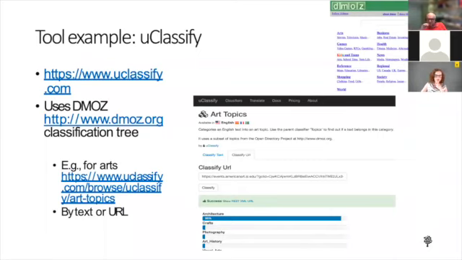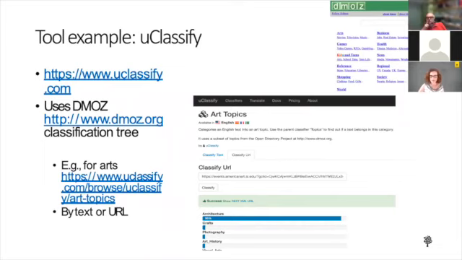To finalize this background overview, just a few examples of the tools that are freely available. uclassify.com is the address, it uses DMOZ, what used to be a directory of websites, and the classification they used is called the DMOZ classification tree.